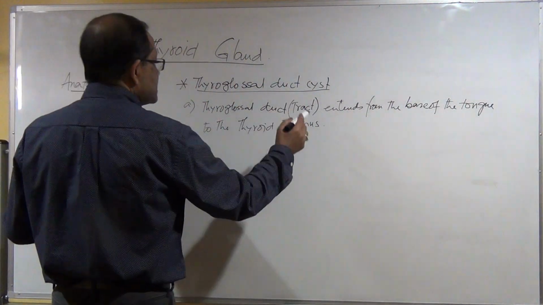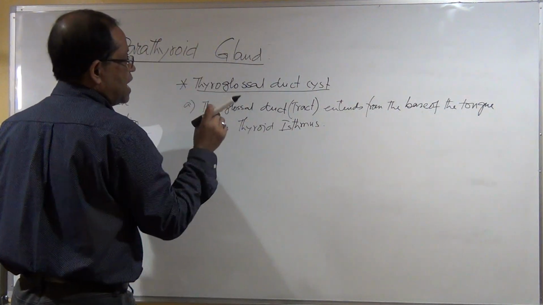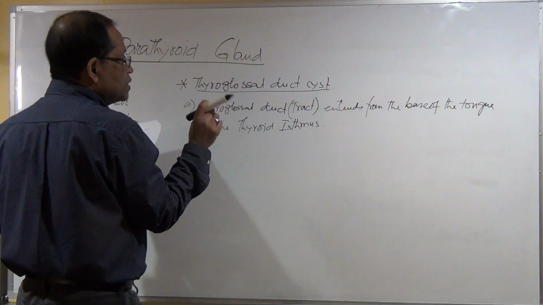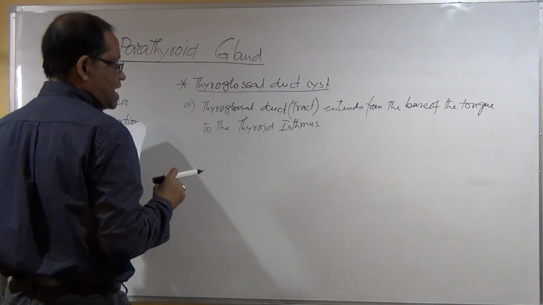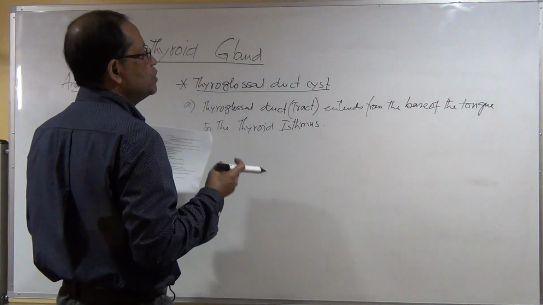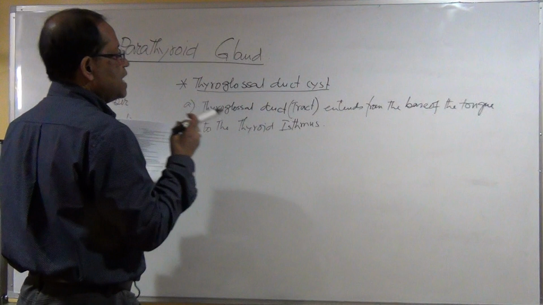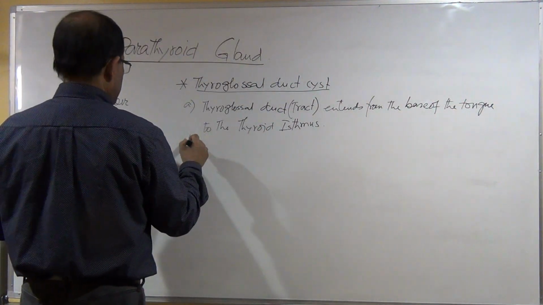We can see the thyroid isthmus is connected at the midline with some echogenic structure, that is the thyroglossal duct tract. If you ask the patient to swallow, you will see the tongue moving, so the isthmus is moving, so the whole thyroid gland is moving.